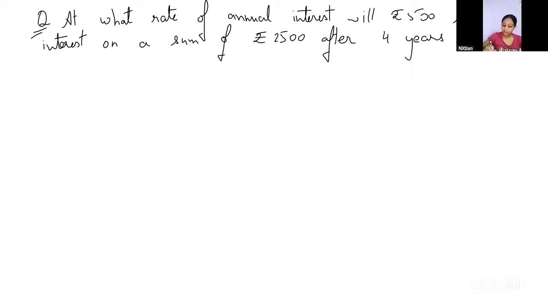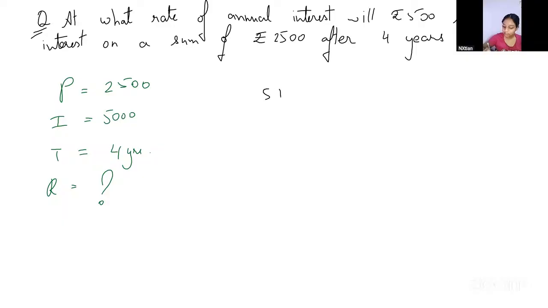Principal is 2500. Interest is 500. Time is 4 years. You are finding out the rate. Same simple interest formula we will use. SI equals principal into rate into time upon 100.